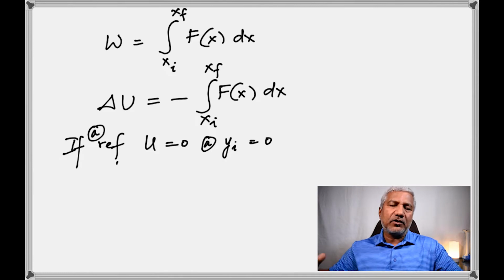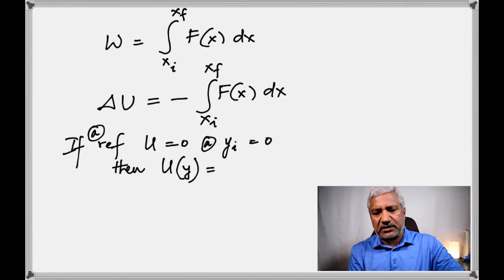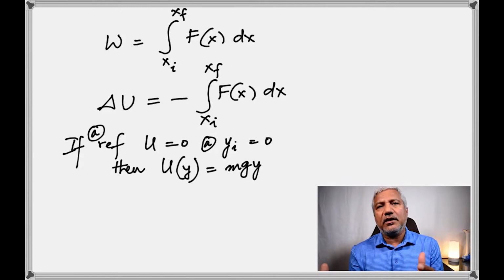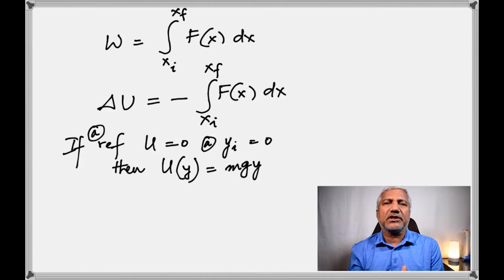So at the ground, we take the gravitational potential energy to be 0. So if U is 0 at y sub i equal to 0, then at any height y, we can show that the potential energy is mgy. Because force is m times a, which is m times g in this case, and the height is y, so it's mgy.